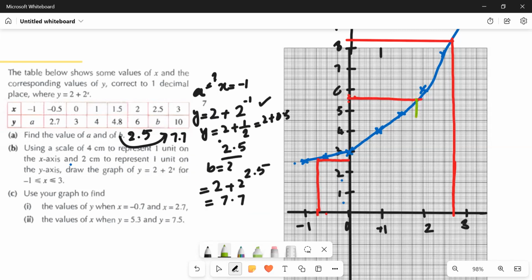Then go down. Then y is 7.5. So this is here. And then we draw it down.